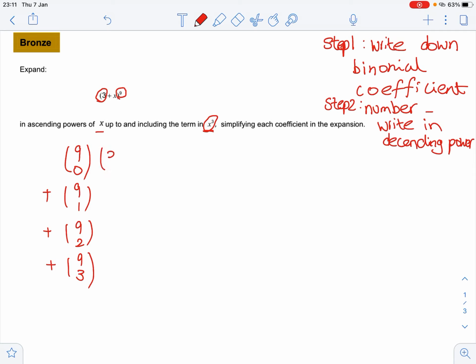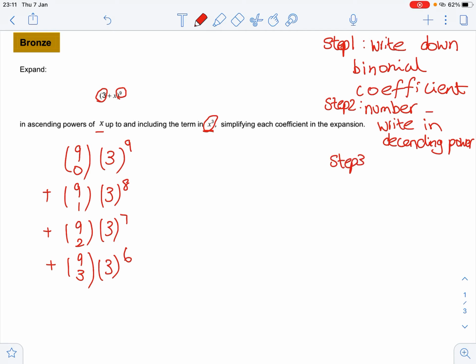So the number is 3, and the power is 9, so we write in descending power: 3 to the power of 9, 3 to the power of 8, 3 to the power of 7, 3 to the power of 6.